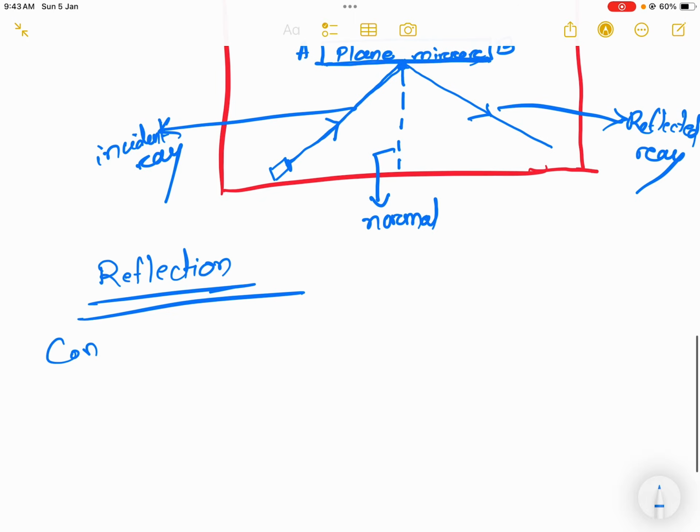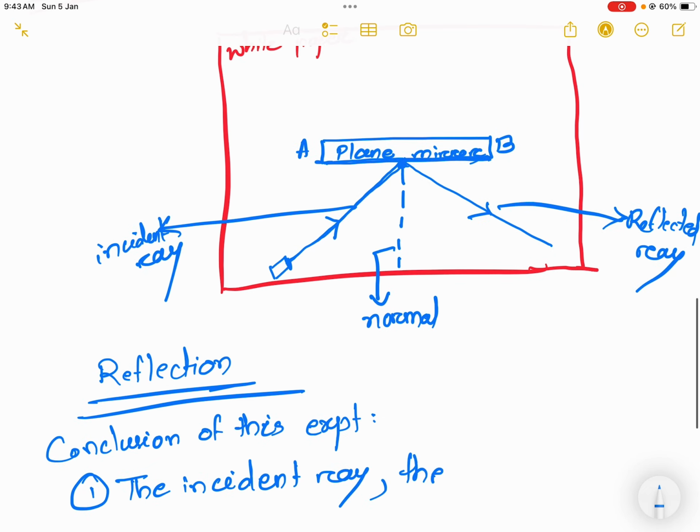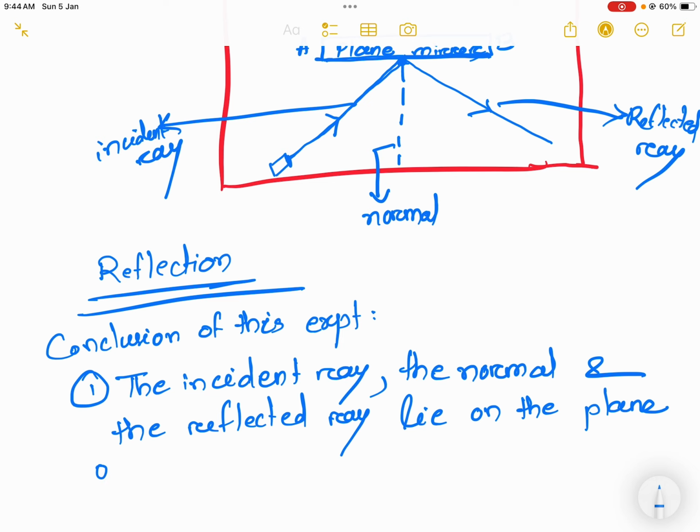So the conclusion of this experiment is, first one, the incident ray, the normal and the reflected ray lie on the plane of paper.